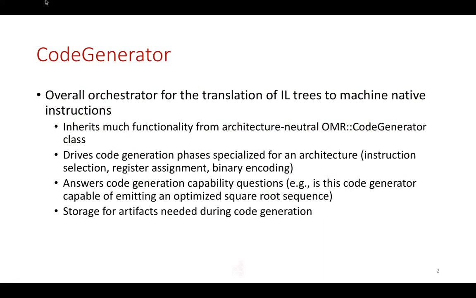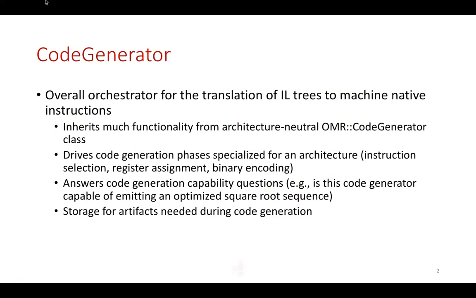Okay, so the main body of work where a lot of the effort has to be concentrated for this particular effort is in the code generator class. You can think of the code generator class as multiple levels. There actually is quite a bit that occurs at the architecture neutral layer, things sitting way up at the base OMR layer.